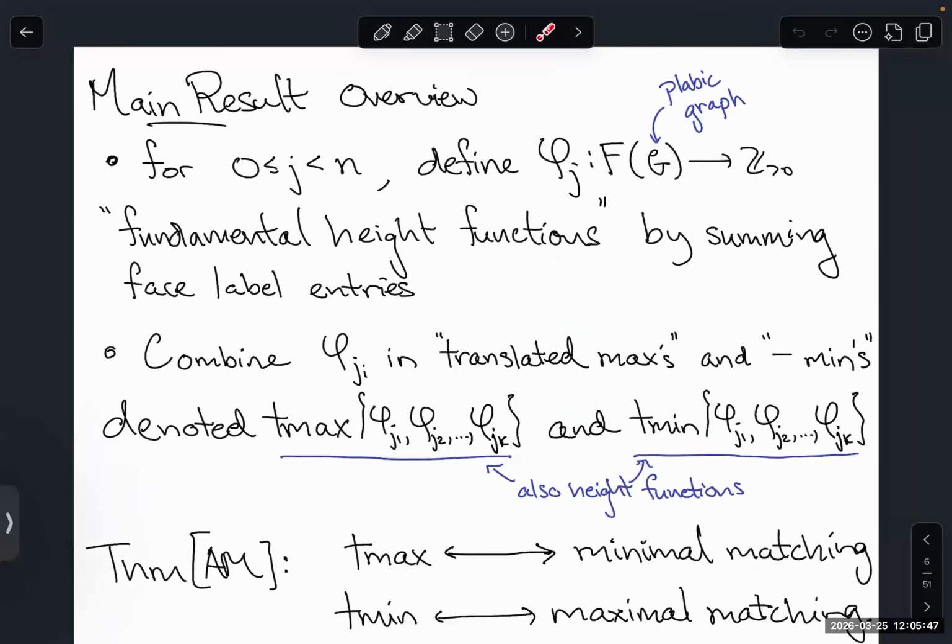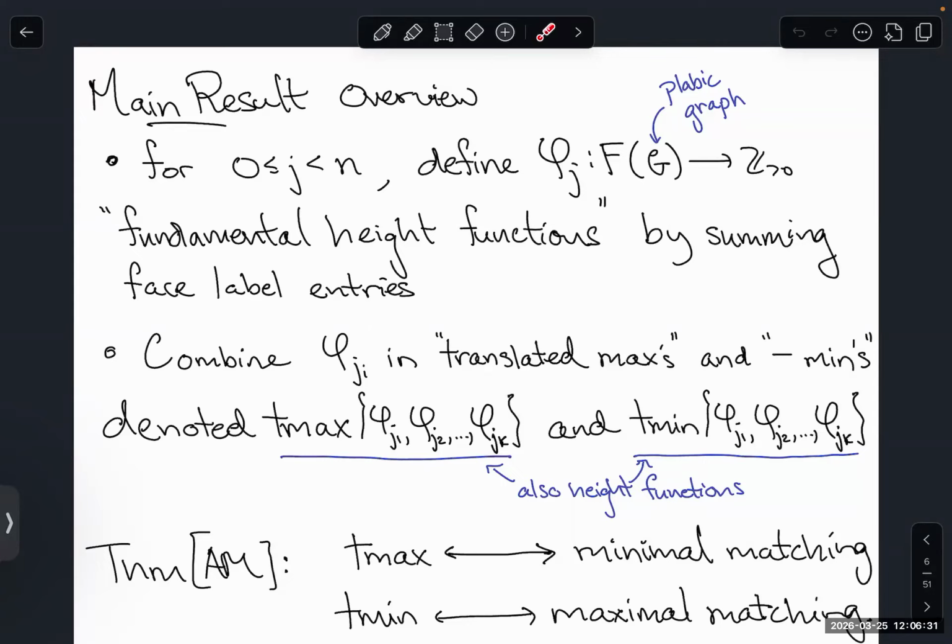So then what can we do with that? What I hope to get out of today is that we can define this new family of height functions, which I'll call fundamental height functions, which are indexed by j from 0 to n minus 1, where essentially these are defined by summing over the face label entries that we can have on our plabic graph G. One of the ways that we'll be able to combine these fundamental height functions is through the so-called translated maximums and translated minimums, which I'll denote by Tmax and Tmin with some list of our fundamental height functions.